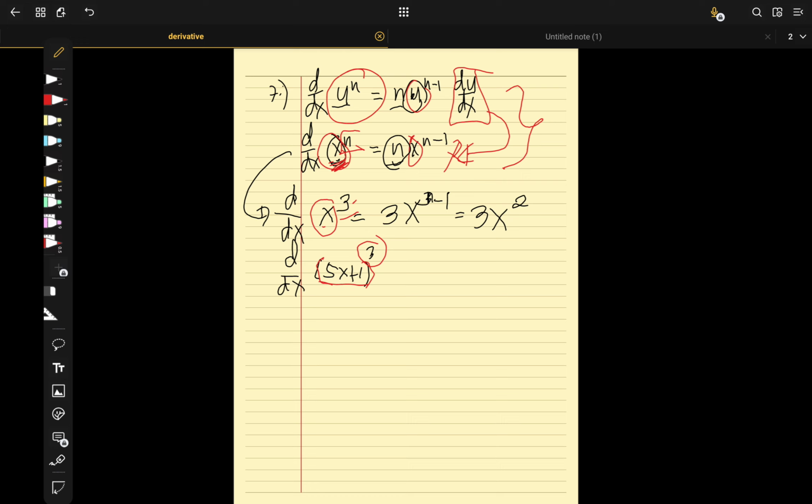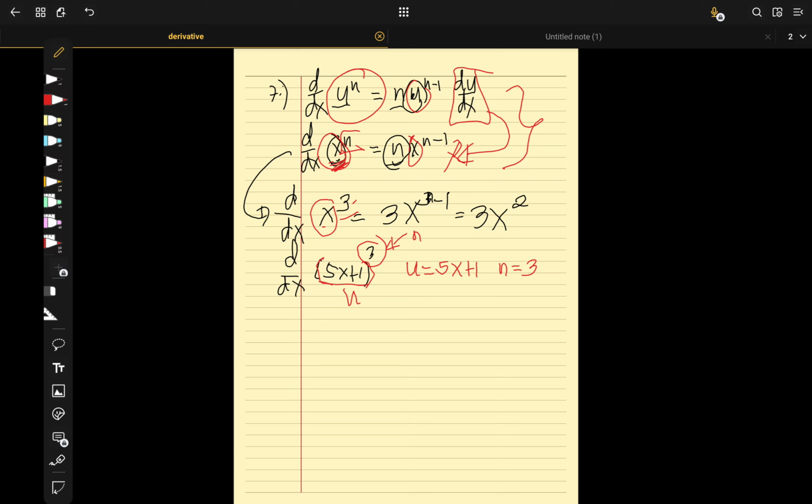So, tingnan nyo lang gagawin. Here, i-determine natin yung mga parts. Ang u natin dito is 5x plus 1, and ang n natin is 3. This is your u, this is your n. So, we have to identify the parts.